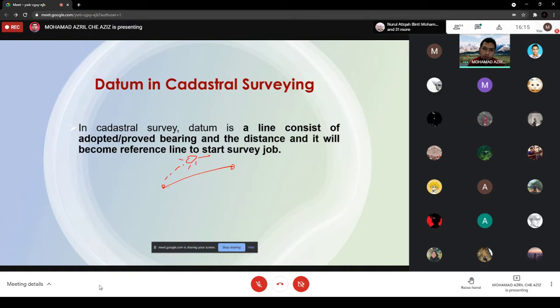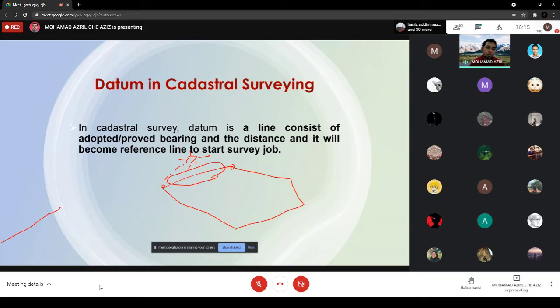Then you have already proved this line, so this line will be your datum. Then you continue your survey work, and the other lines will refer to the datum here.